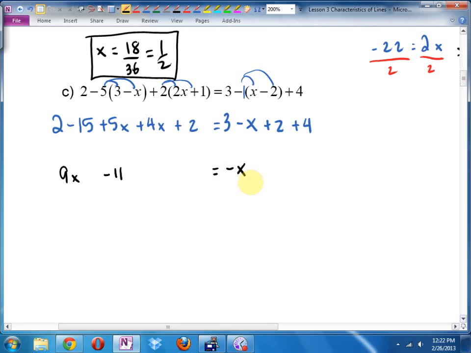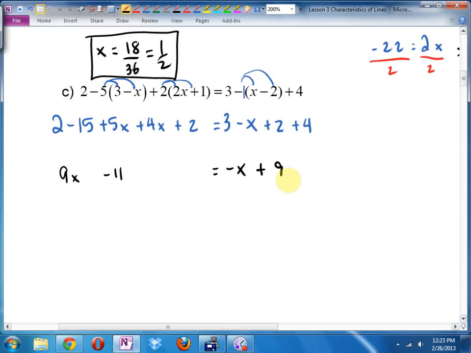And then I'll gather up the like terms for the numbers. I see a positive 3 plus 2 plus 4. I can do that in my head, I think. 3 plus 2 is what? Plus 4? And positive or negative? By saying that in my mind, it reminds me to put a positive, not put a plus sign there.